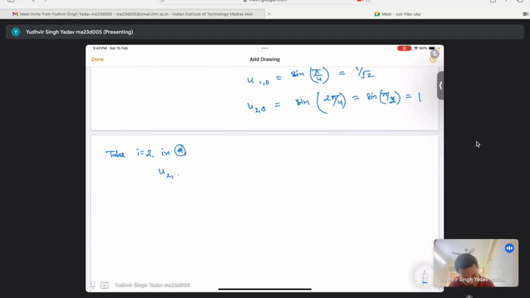It will give u_2^1 = 9/32 (u_3^0 + u_1^0) + 7/16 u_2^0. Again we can have these values from the given initial condition.